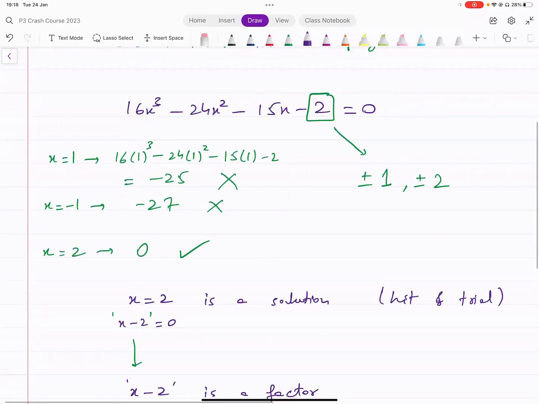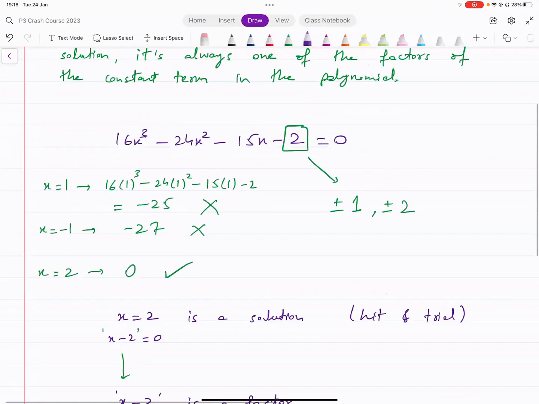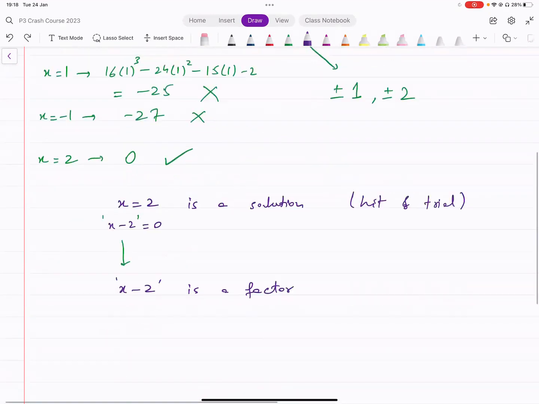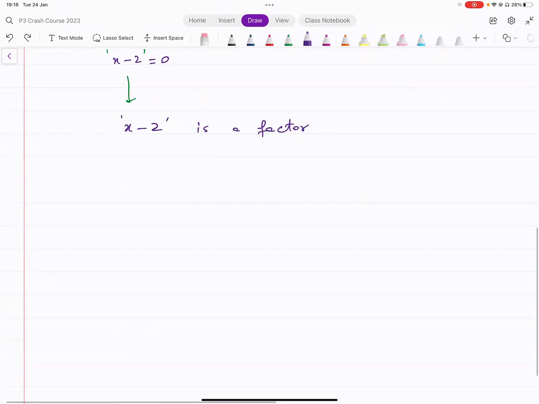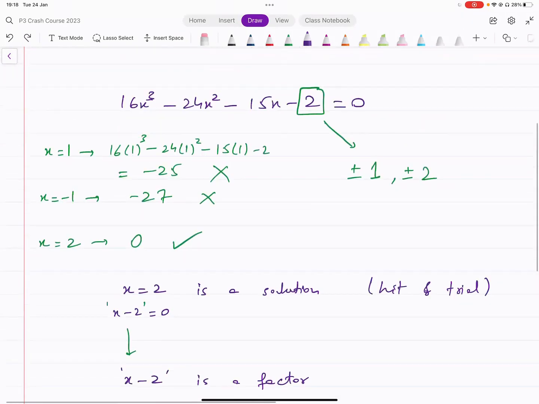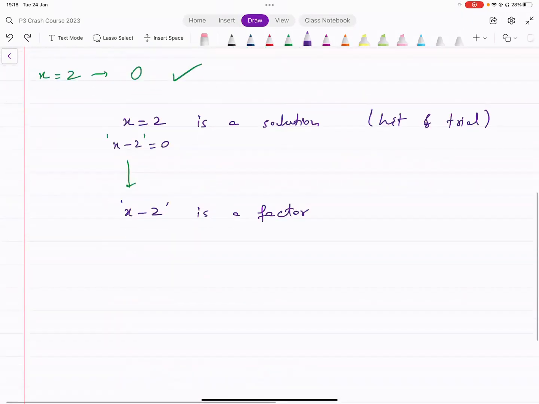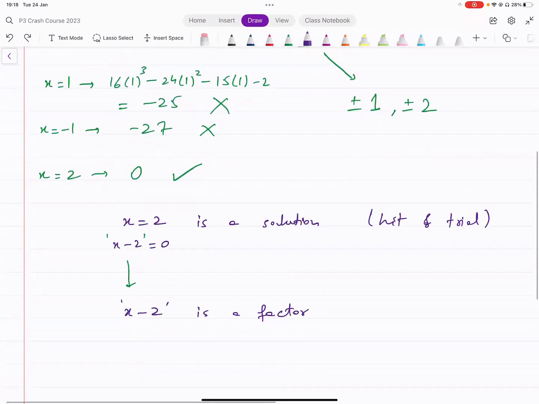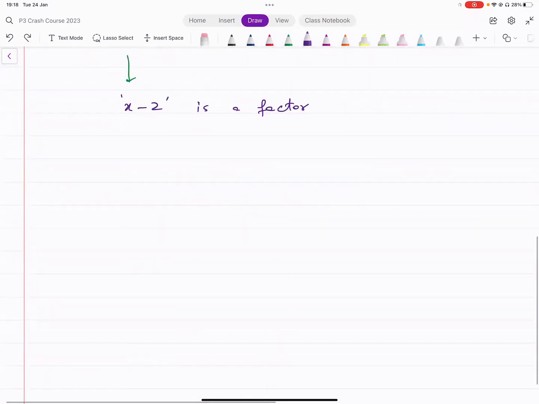So now we know one factor of this polynomial. Mostly they will tell you this factor themselves, but it is possible, like in this problem, that they don't tell you anything. You have to figure it out yourself by hit and trial, like we did here. So now we've got one factor, the rest of it remains just like any other problem.